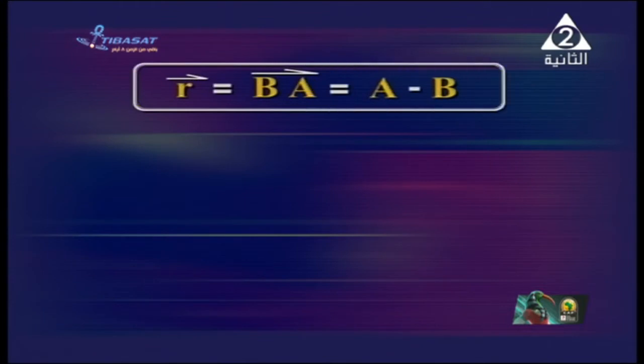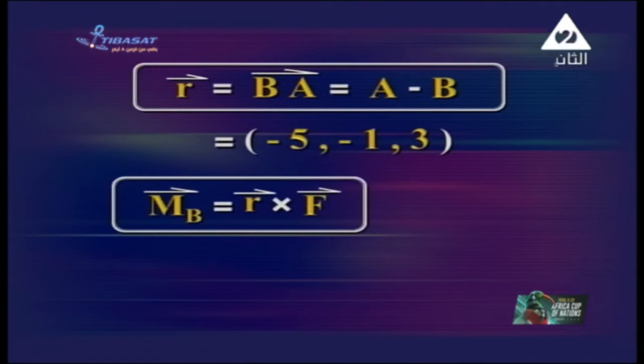We know that R vector equals BA vector equals A minus B. Point A minus point B. By subtraction, we find A minus B equals negative 5, negative 1, 3.